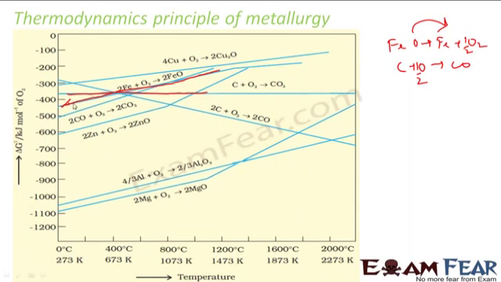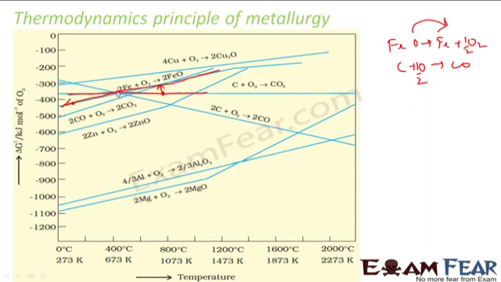So here at this point, since this line is for the Fe plus O2 gives FeO reaction, that means at this point my iron will be able to reduce the carbon. But if you see, these lines meet, and at this point the carbon line comes down. At this point, carbon will be able to reduce iron oxide, and that's what we are looking for.